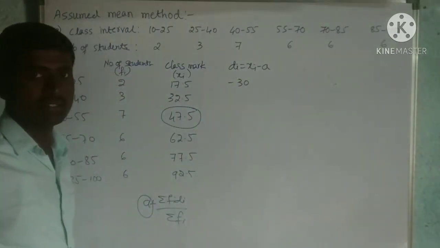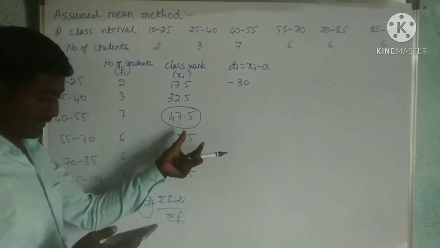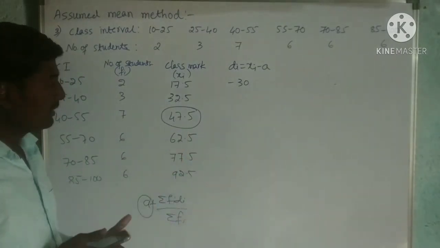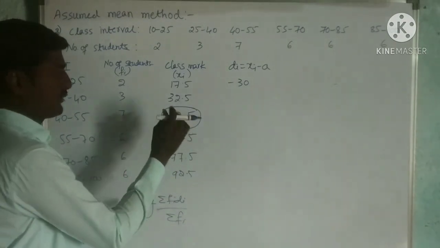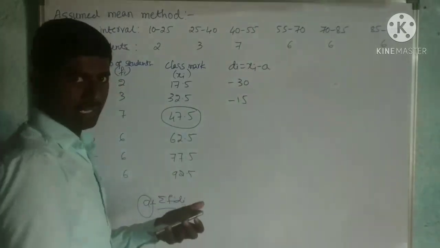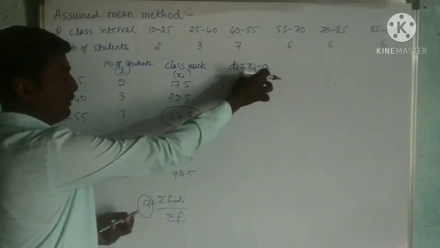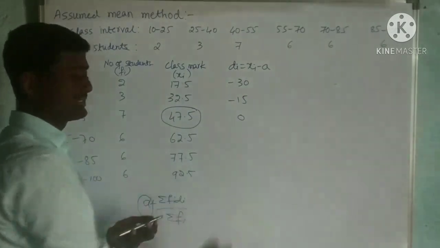Then 32.5 minus 47.5 is minus 15. I am writing it directly. Then 47.5 minus 47.5 is 0.